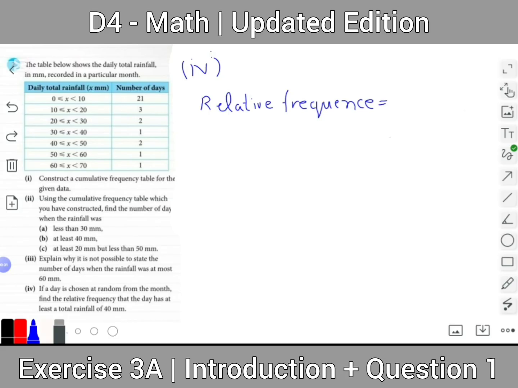So here the number of occurrences is the days that have at least a total rainfall of 40 millimeter. We have already found out the number of days when the rainfall was at least 40 millimeter in the part 2b, and it was 4, and the total number of days is 31. So the relative frequency will be equal to 4 over 31.